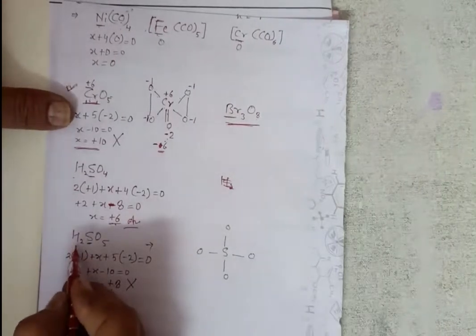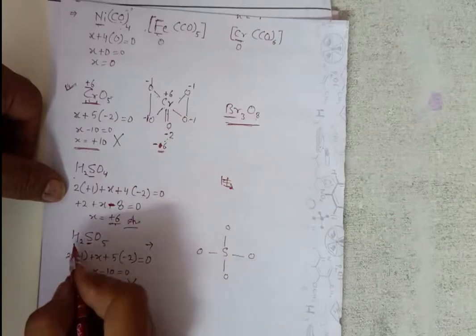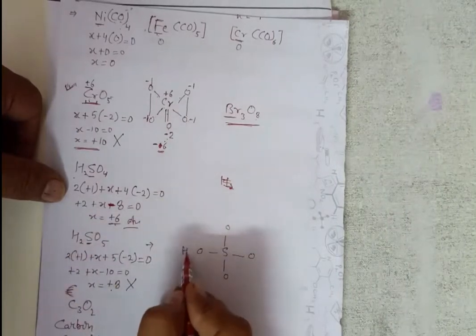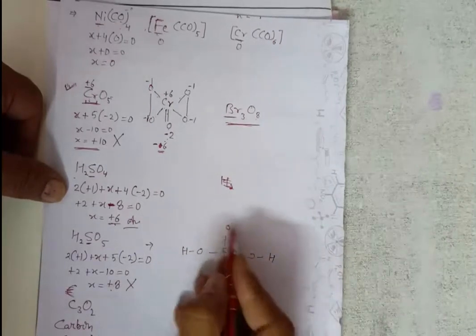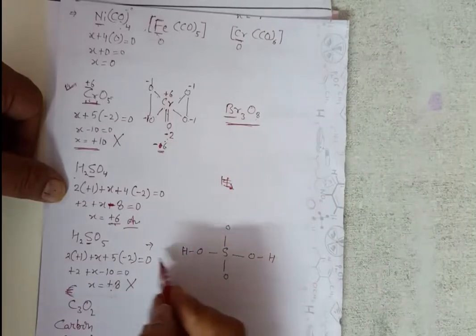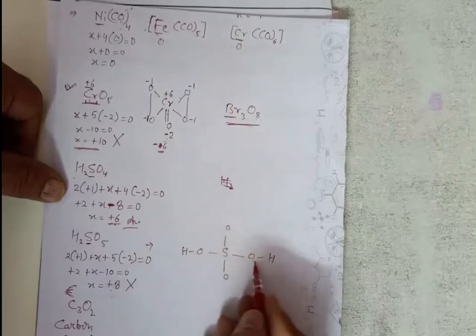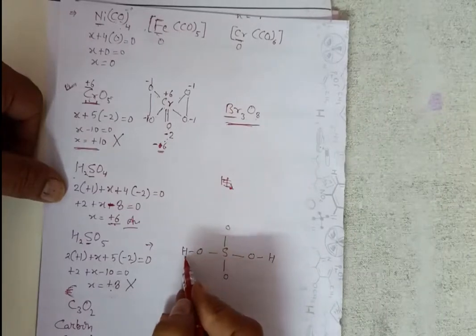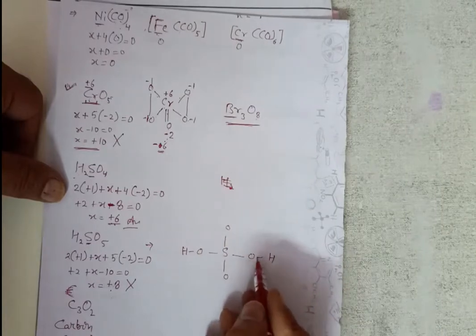The number of hydrogen is 2. The hydrogen is always bonded with oxygen, so I write these 2 here. I can write anywhere, here also I can write, but here 2 oxygen, 2 hydrogen. So hydrogen can attach with a maximum of 2 oxygen. Here hydrogen can form 1 bond, okay. Oxygen has 2 bonds.